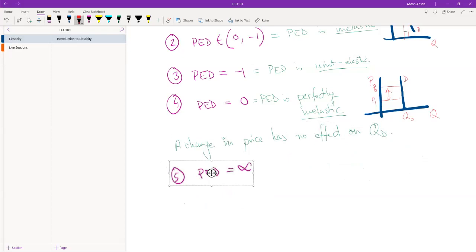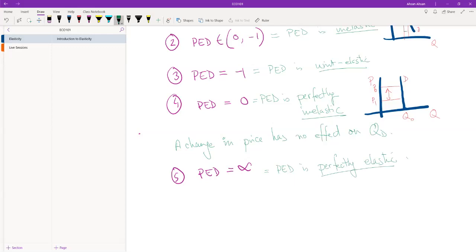And when PED is infinity, this means that PED is perfectly elastic. Okay.